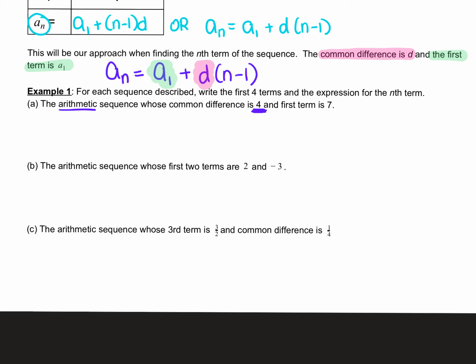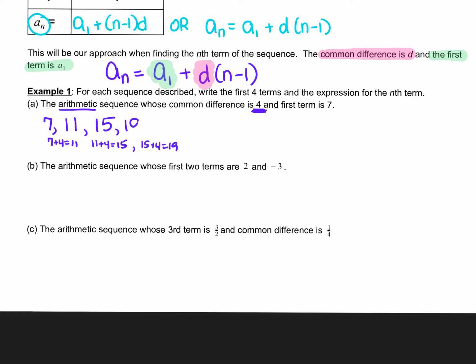If it says positive 4, that means we're adding 4 each time. Our first term is 7, so we add 4 to get 11, the second term. Then we take 11 and add 4 to get 15, our third term. Then we take 15 and add 4 to get 19.